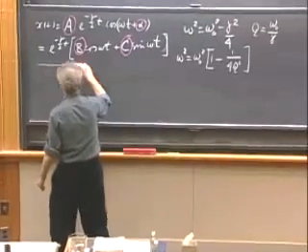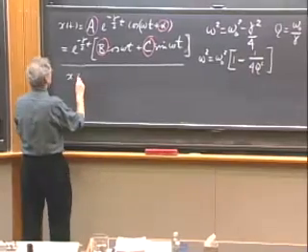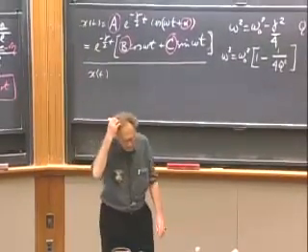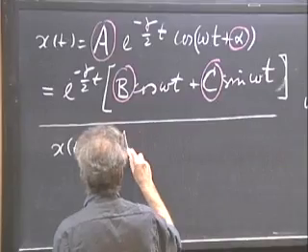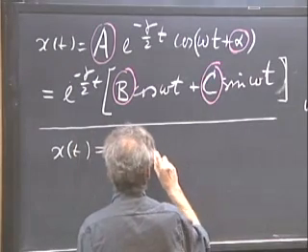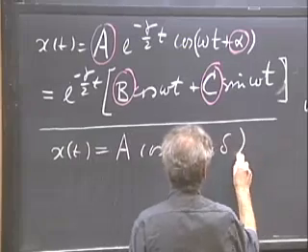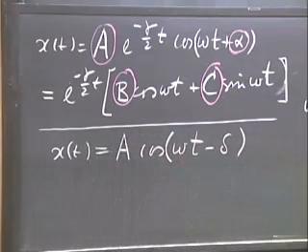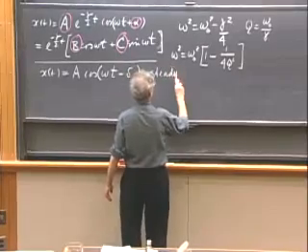I now get x as a function of t is an amplitude, which is a very strong function of omega, but I will simply write it down as an amplitude A, times the cosine of omega t minus some phase angle delta. And this is what we call the steady state solution. Steady state.